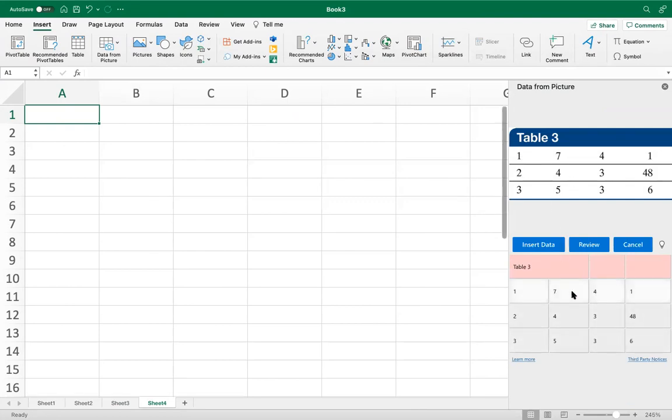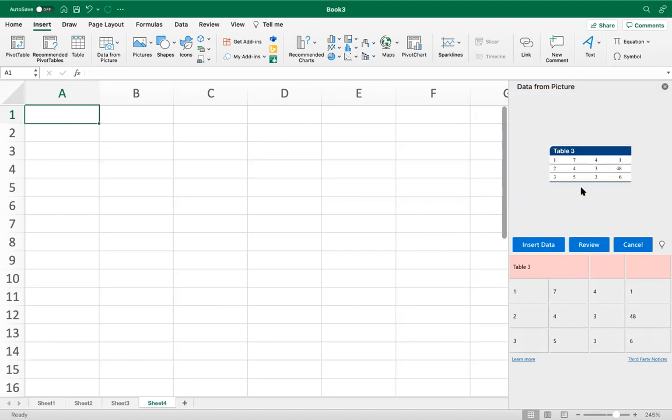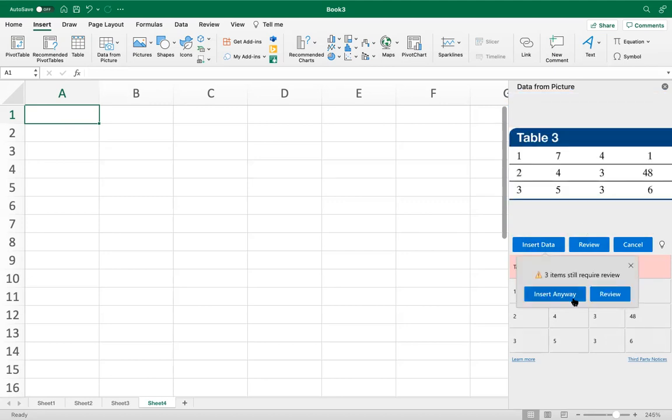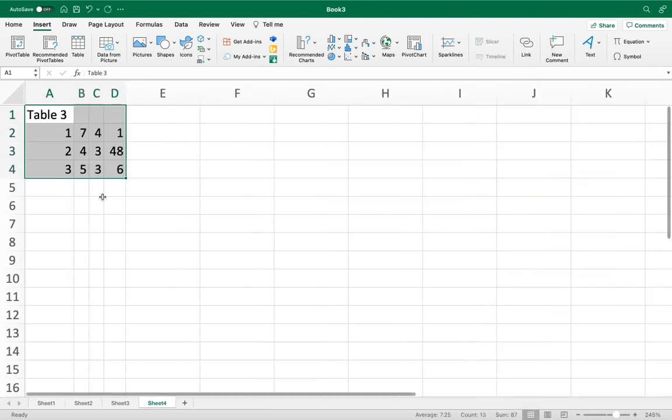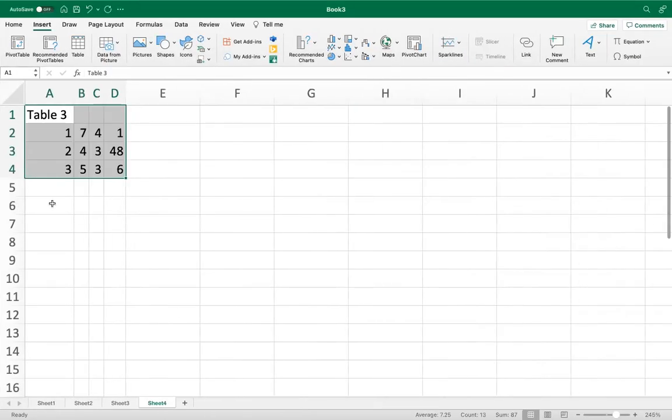One, two, three, 7, 4, 5, and it looks good to me. All right, so now that we have this data set, again, what we're looking for is the mean and the median. So let's find those two.